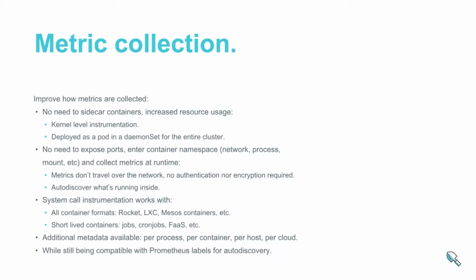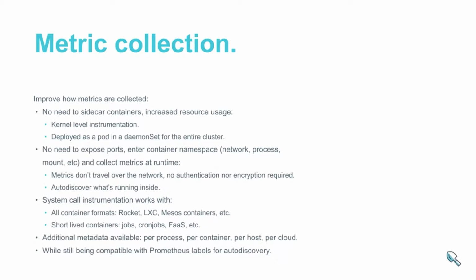Other alternatives like Sysdig use kernel level instrumentation, and it just requires an agent, a container per each host. And from there, it can monitor everything running. We'll see a little bit of those later. Prometheus has a Kubernetes auto-discovery method where you label different pods with what you want to scrape.